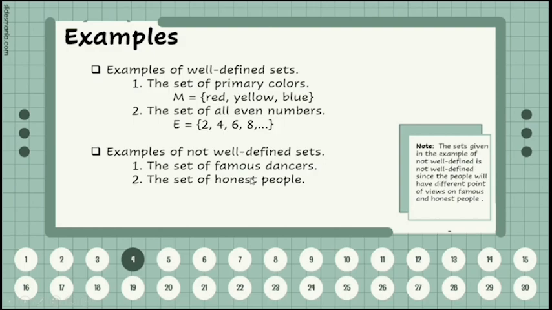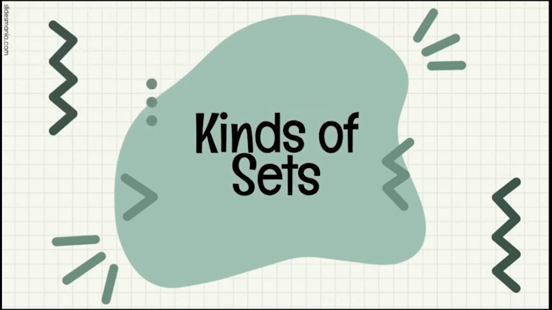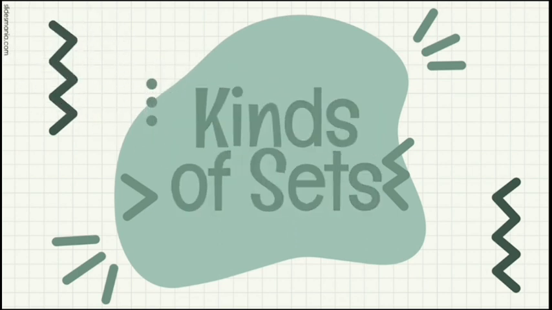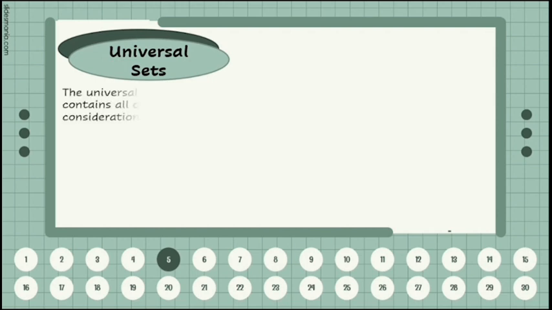Okay, now let's move on to kinds of sets. First, we have universal sets. A universal set is a set that contains all objects under consideration.